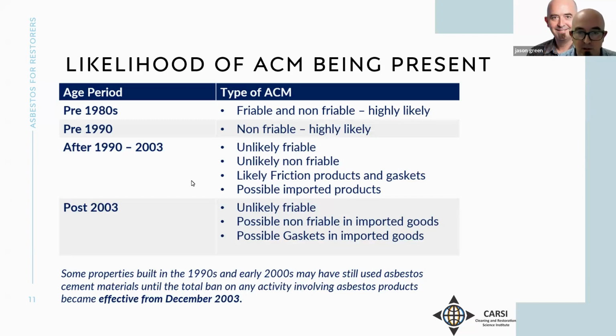There's a few different things where they should not be manufactured with it, but where they've come from, the standards are certainly a lot more relaxed than here. So after that 2003 time, we've got essentially unlikely friables, and then you've got these other potential asbestos materials there. So that's still a real concern.